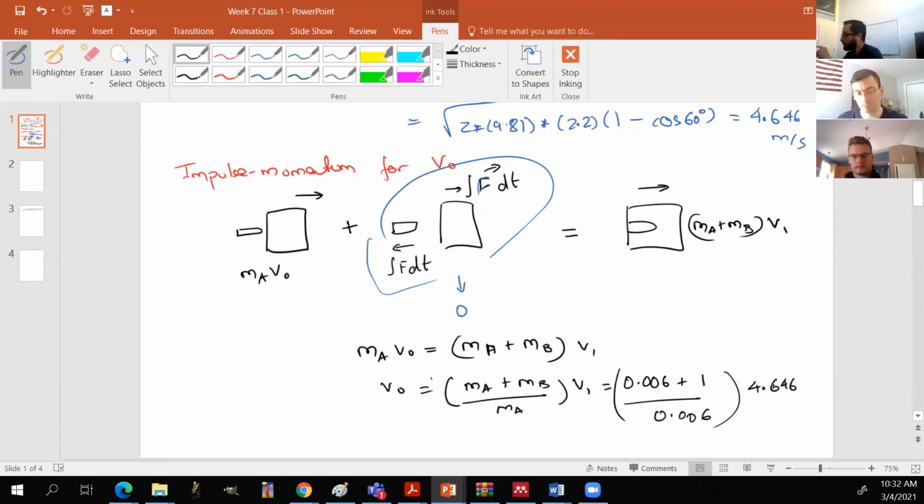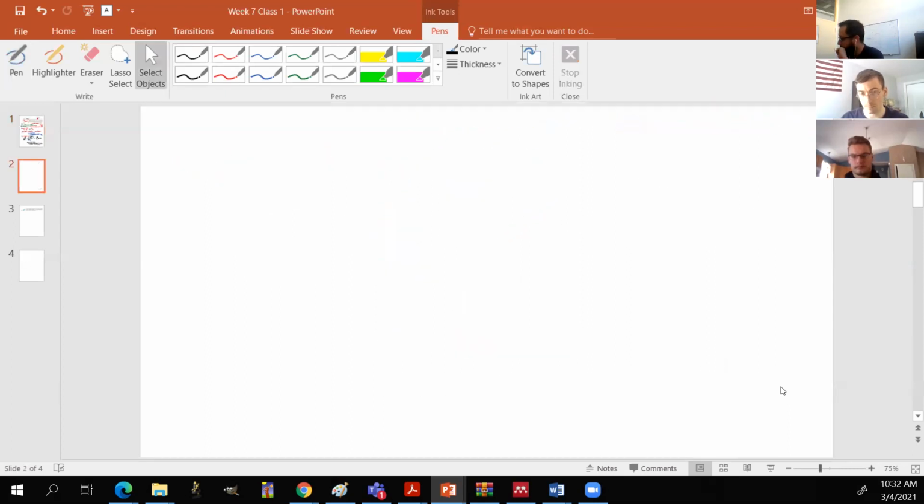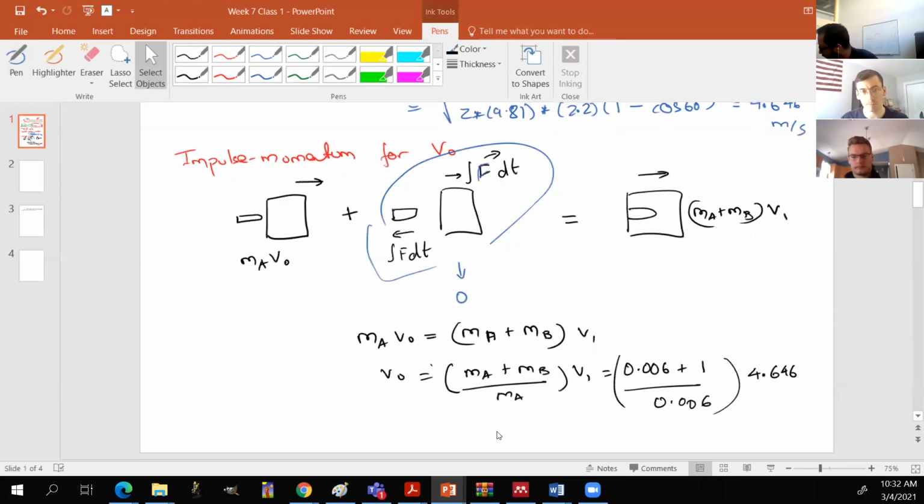Again, make sure your units are all good. This is kilogram, kilogram, kilogram, and then you have meters per second here, so you'll end up with meters per second. So this tells you that your initial speed V0, and we already know the direction, it's horizontal, ends up being equal to 778.92. And there you go.